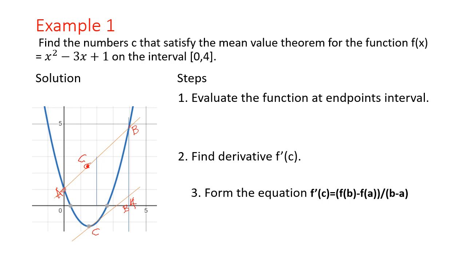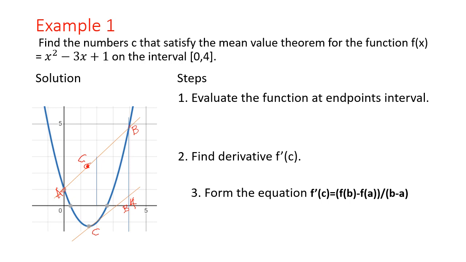So the steps here, if the number c would satisfy the mean value theorem on [a, b], is to evaluate the function at the endpoints of the interval. So evaluate the function at b and of course at a.